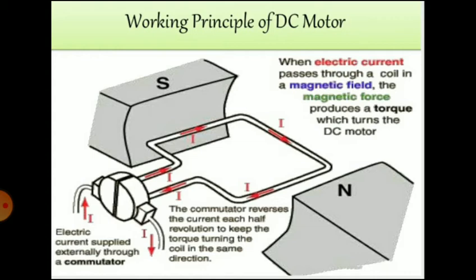The external current is given to the armature through the commutator. The commutator reverses the current each half revolution to keep the torque turning the coil in the same direction. So this is the working principle of a DC motor.